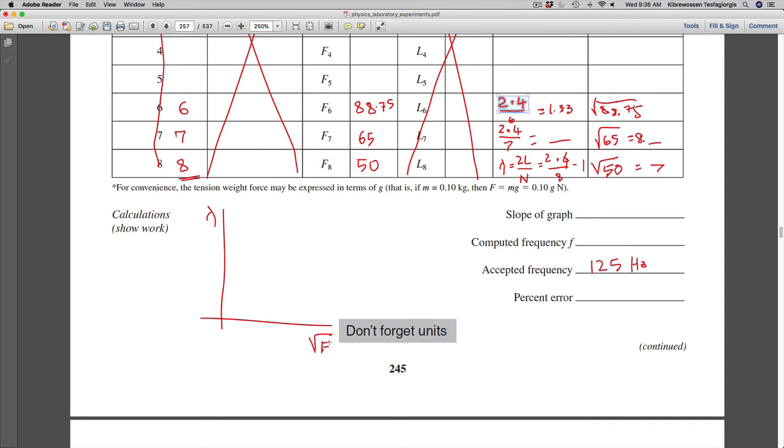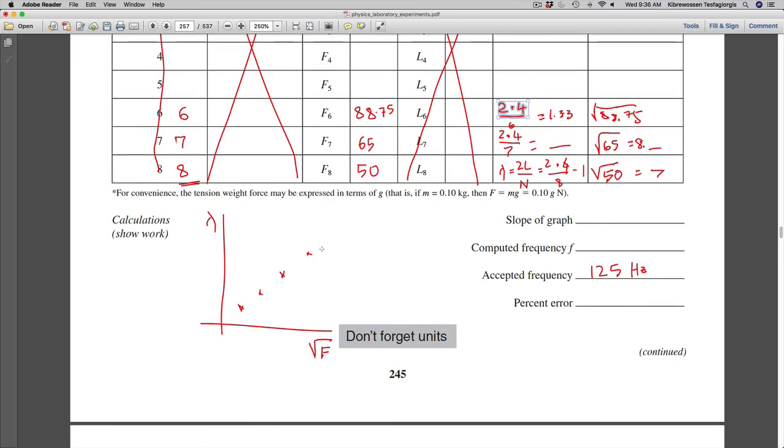If you can do it in Excel, that would be even easier. But otherwise, you can also do it on a graph paper as you always do, and then you graph it. Most likely, your graph is going to be a linear line.